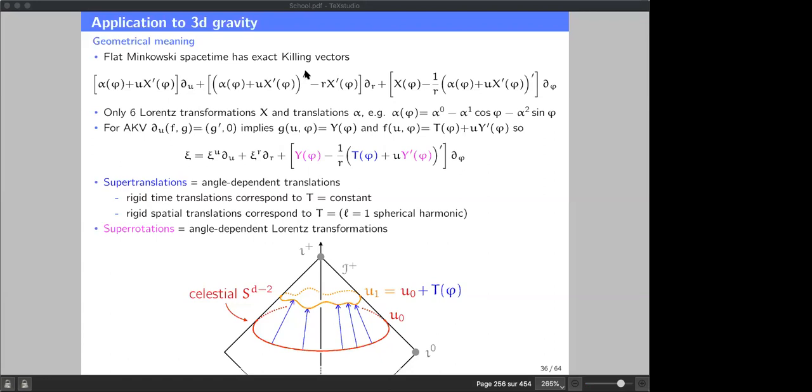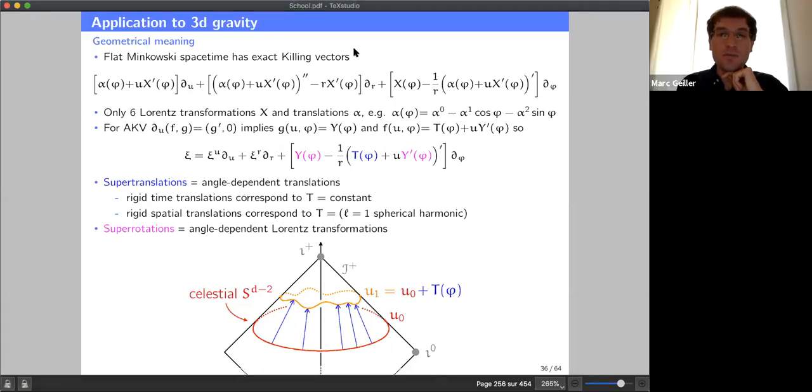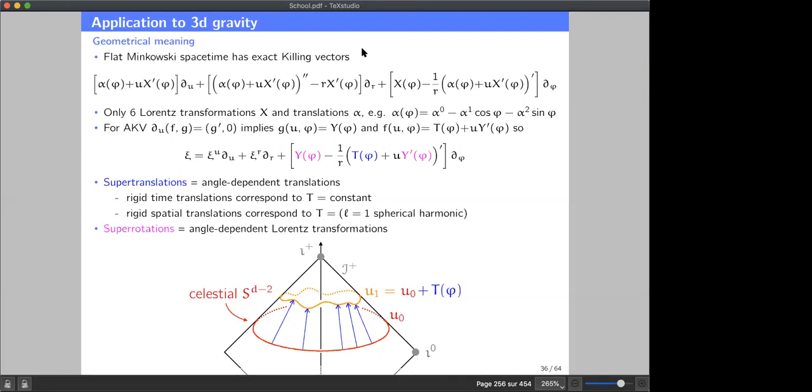Can you see the chat? Okay, no problem. He was asking if the Killing vector fields were at spatial infinity or null infinity. These are at null infinity, yes. Okay, thank you.